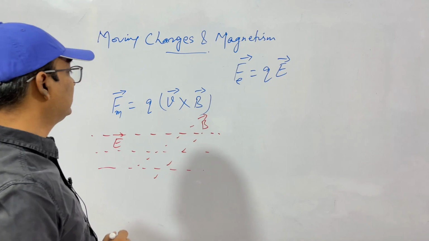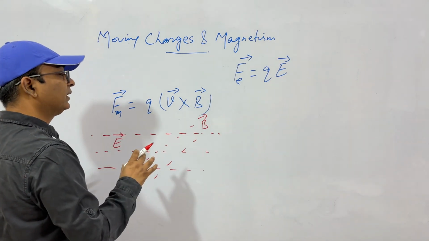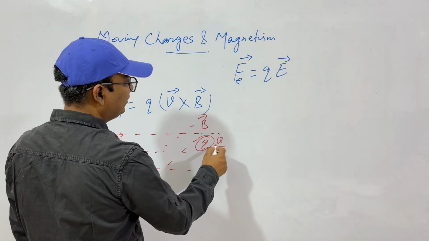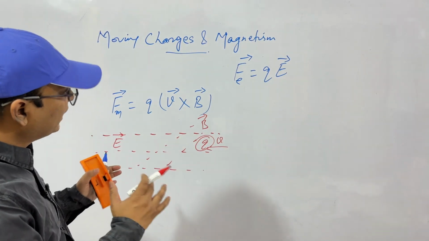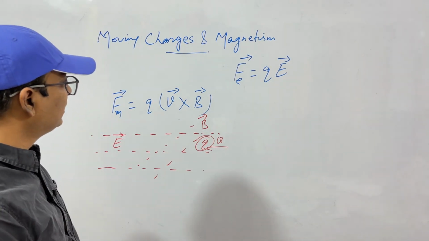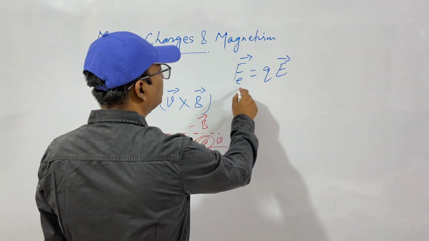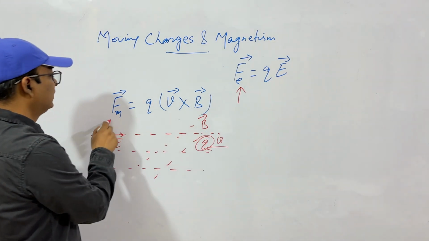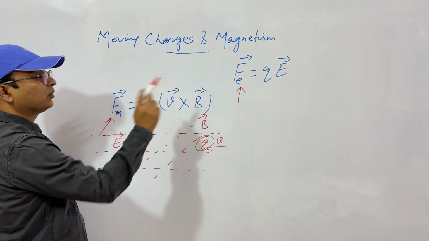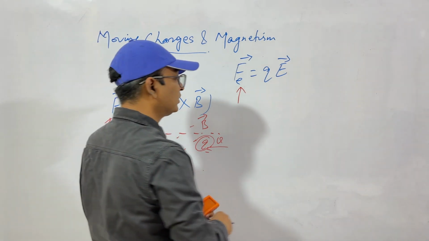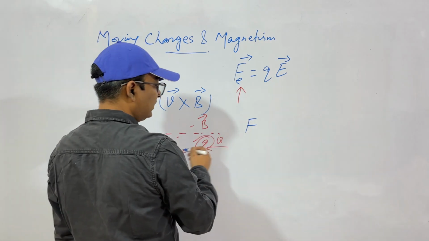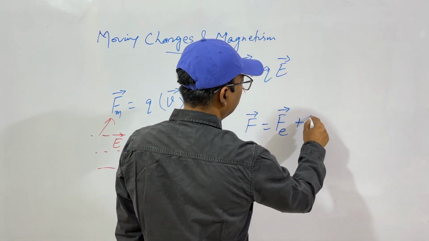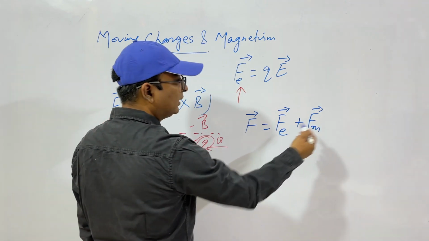For the time being, just try to understand, if we have both electric and magnetic field and we have a charge q with velocity v in this electromagnetic field, that is combination of electric and magnetic field, this charge will experience an electric force which is equal to QE, and this charge will experience a magnetic force which is QV cross B. Therefore, the total force on a charge entering an electromagnetic field will be Fe, due to electric field, plus Fm, and this is a vector addition.